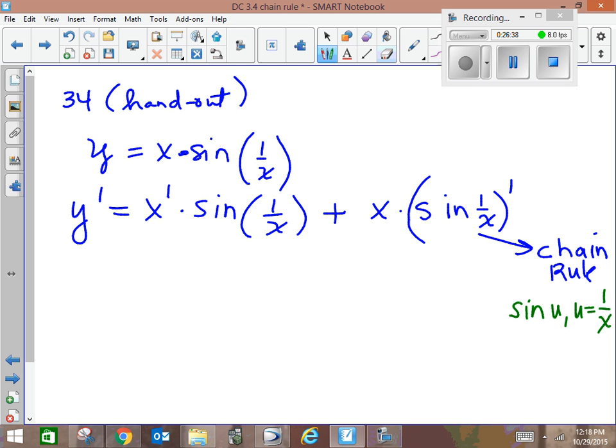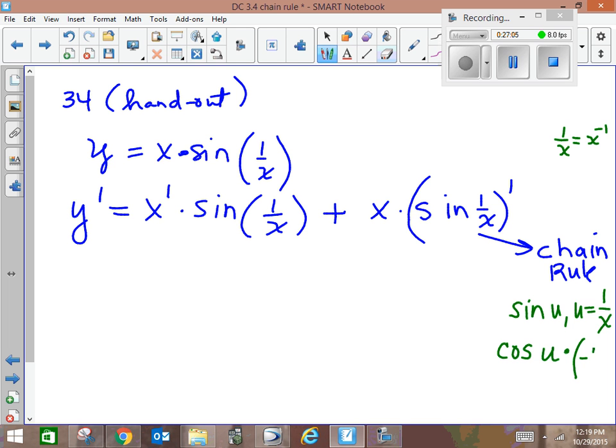Do we know that yet? Yes. The derivative of sine we know: cosine of u, we'll put that in later. What's the derivative of 1 over x? Remember, 1 over x is x to the minus 1. By the power rule, we put the negative 1 down and decrease the exponent by 1.